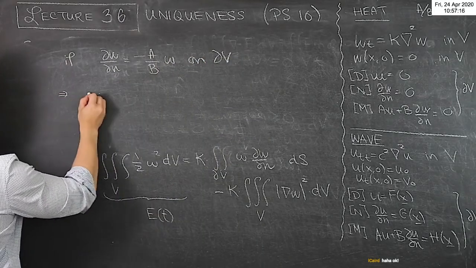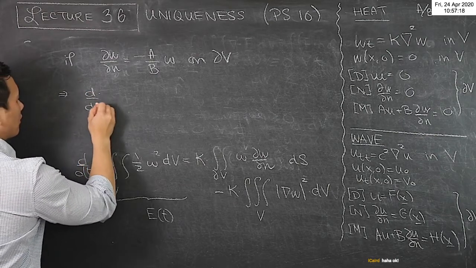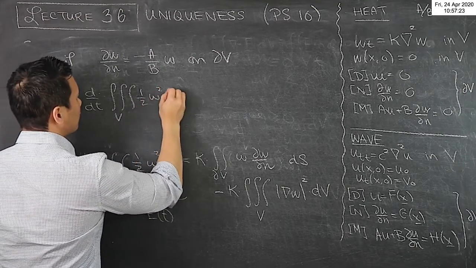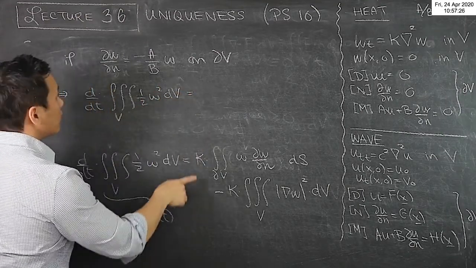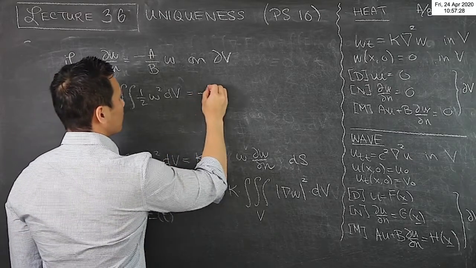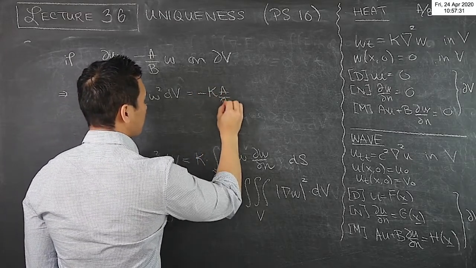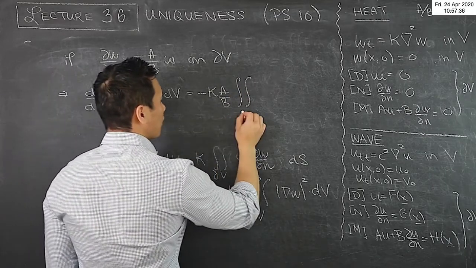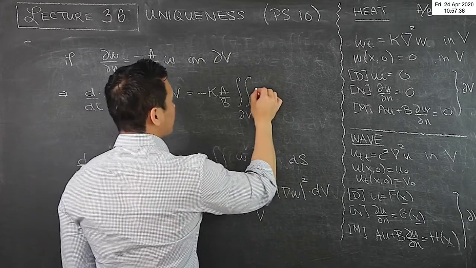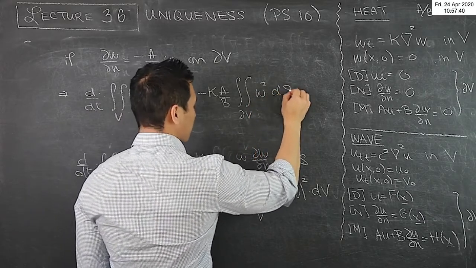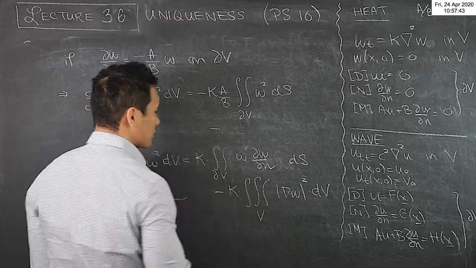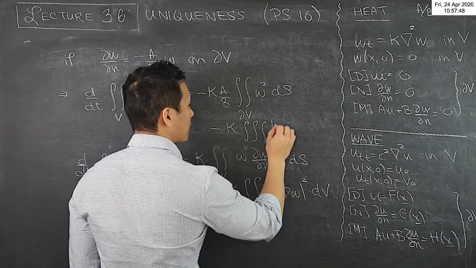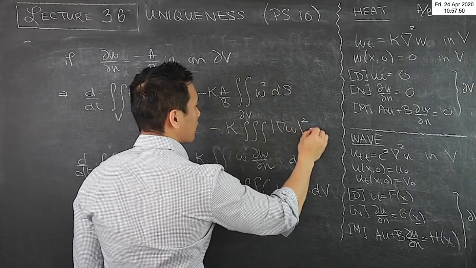then according to this line here, I have d/dt of the triple integral of 1/2 w squared dV is now minus kappa times a over b times the double integral over the boundary of V of w squared dS, and then you subtract this second integral as well: the triple integral over V of the magnitude of grad w squared dV.